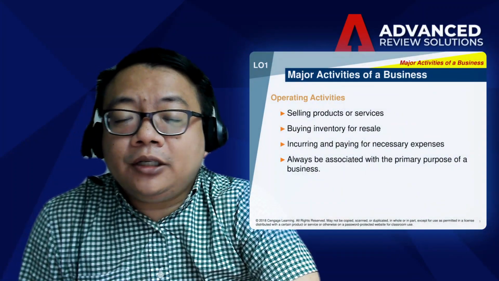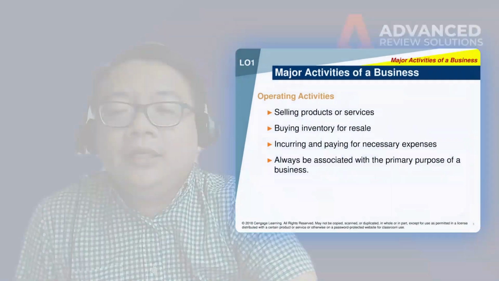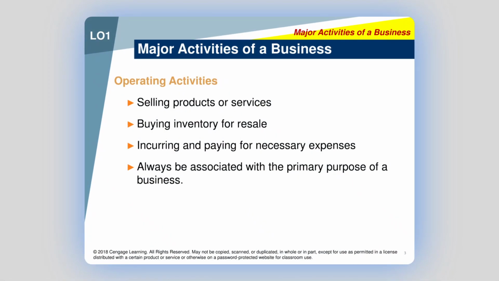What are the major activities in your business? Number one, that would be your day-to-day operations, so it is more on operating activities. What would be the examples of this? You sell your products and or services. You buy your inventory for resale.